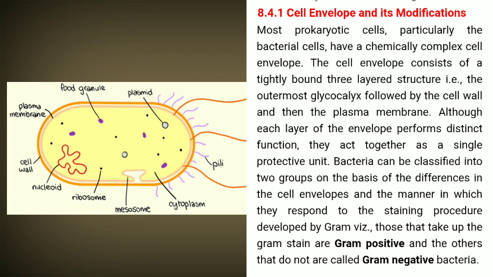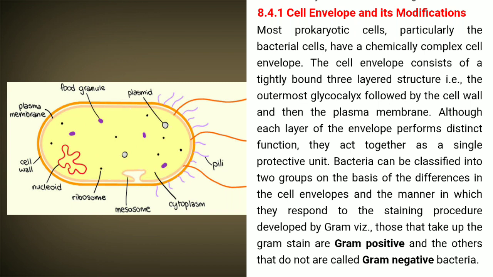Now, what are gram-positive and gram-negative bacteria? They were named after a stain called the Gram stain, which was invented by Christian Gram in order to observe bacteria under the microscope.